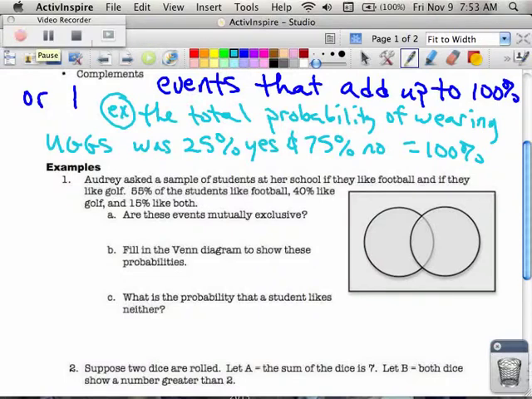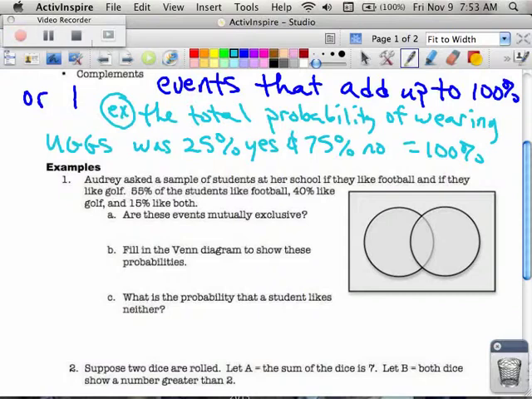So in our first example, they talk about people liking football and liking golf. Now there are some people who only like football. There are some people who only like golf, but there might be some people who like both football and golf. So those two events would not be mutually exclusive, meaning there could be some overlap. And this diagram is showing that there could be some overlap.